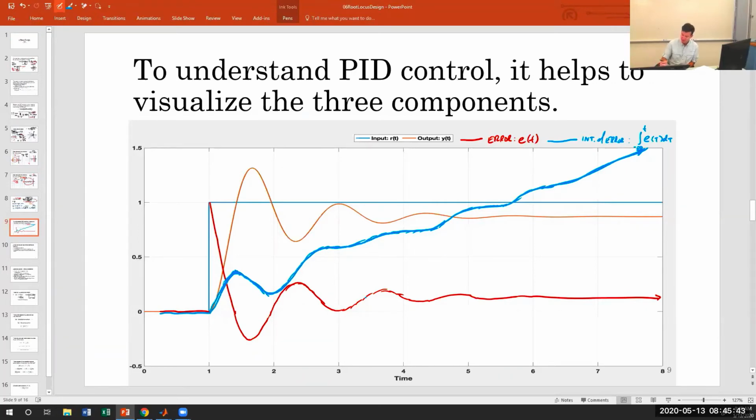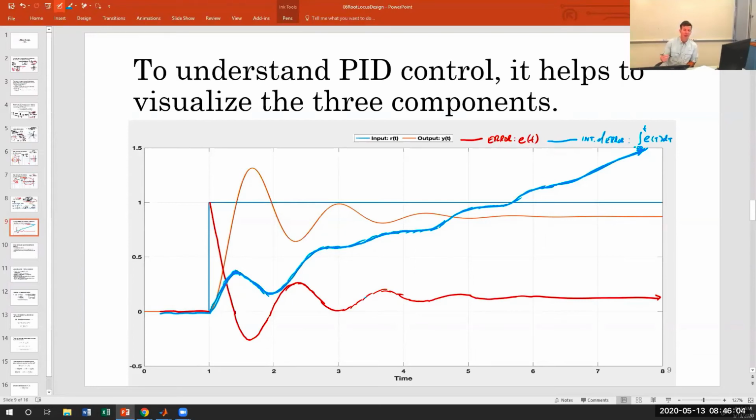But the idea here is that if your controller were sensing the integral of the error, that signal would eventually get big enough so that you would correct the error. Does that make sense?